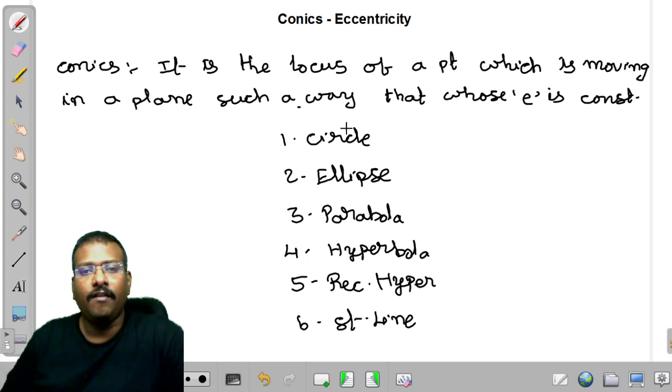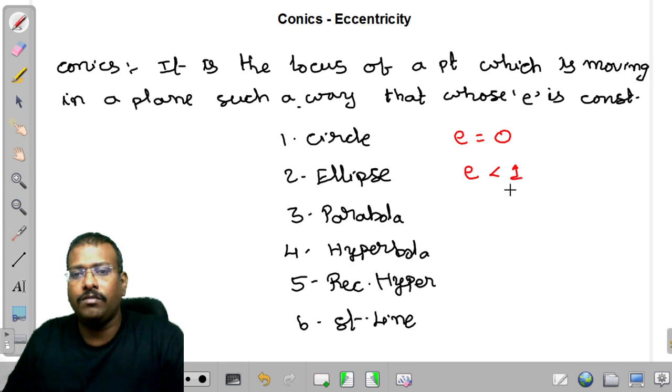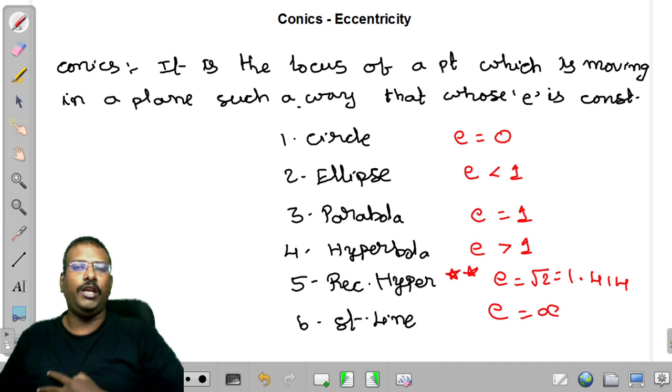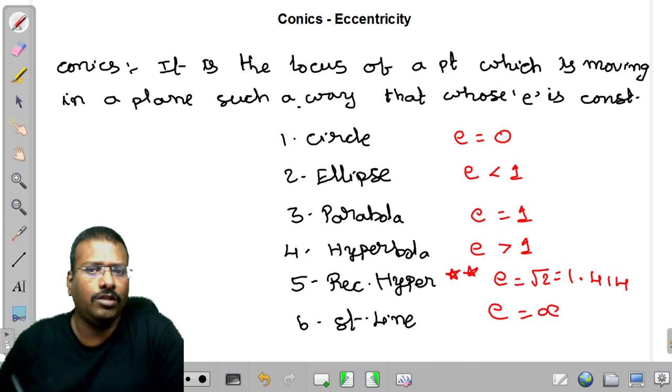So remember, for circle E value will be 0, for ellipse E is less than 1, for parabola E is equal to 1, hyperbola E is greater than 1. This is most important. For rectangular hyperbola, E is equal to root 2, that is 1.414, and for straight line E is equal to infinity. These are the values you have to remember.